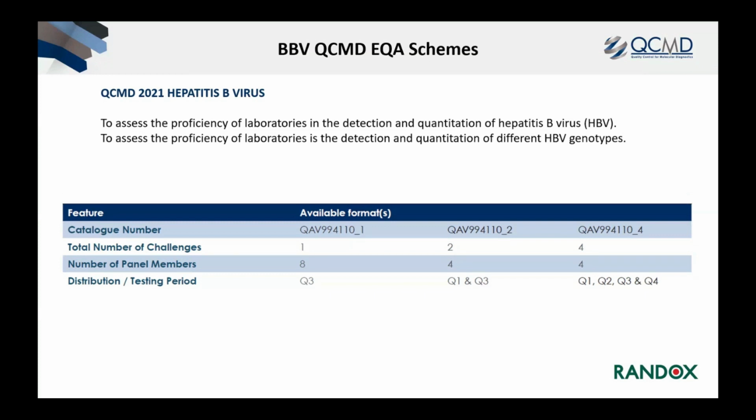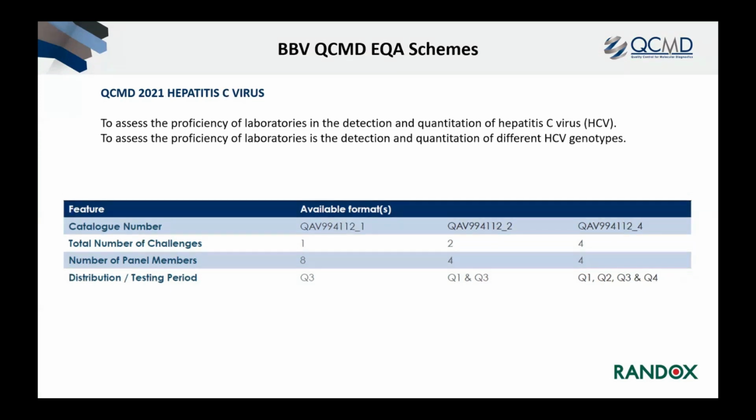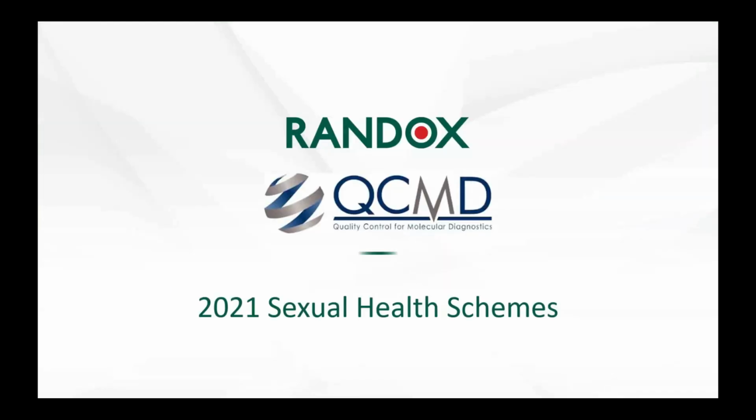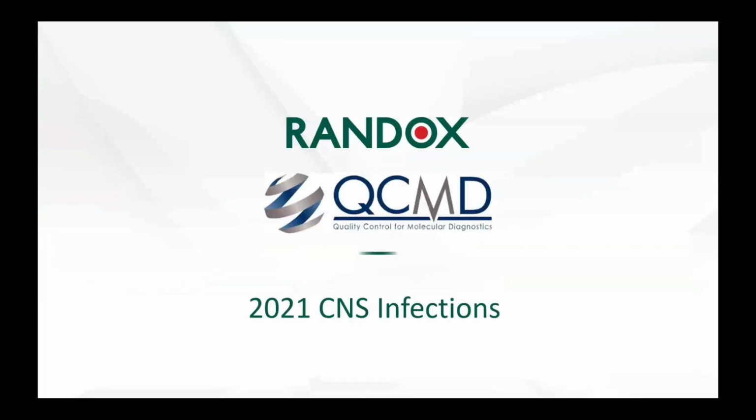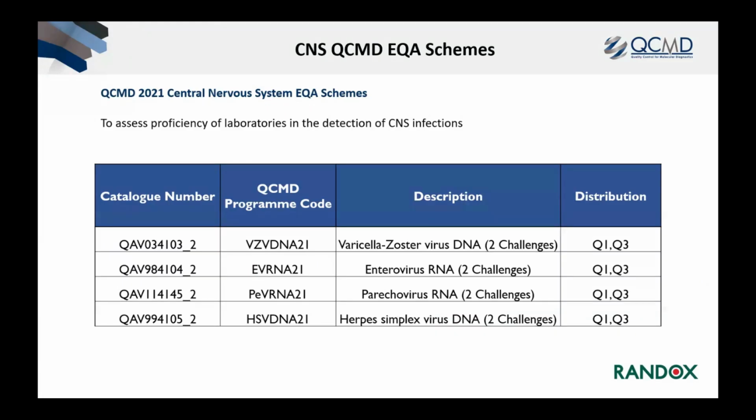Then we've got hepatitis B virus, hepatitis C virus, and then there are also sexual health schemes, things like Chlamydia trachomatis, Neisseria gonorrhoeae. And then finally, just a quick overview of the central nervous system infections. Things like varicella zoster virus, VZV, enterovirus, parechovirus, and herpes simplex virus, or HSV.